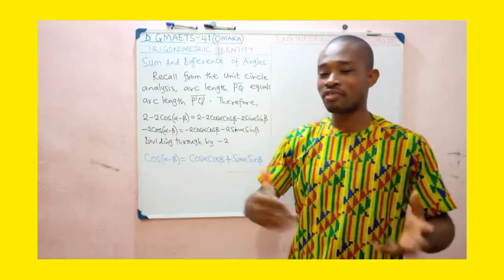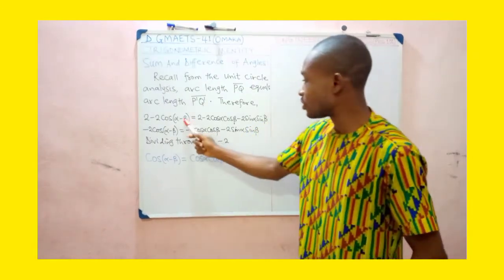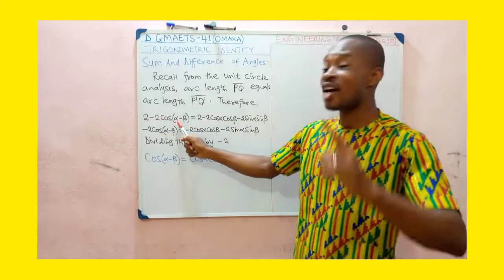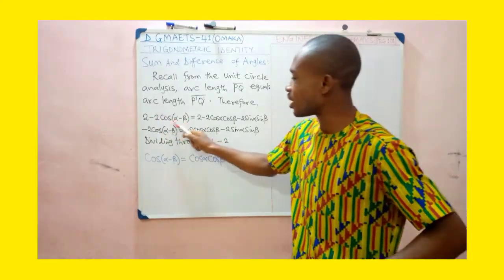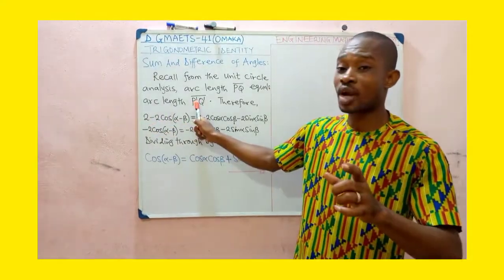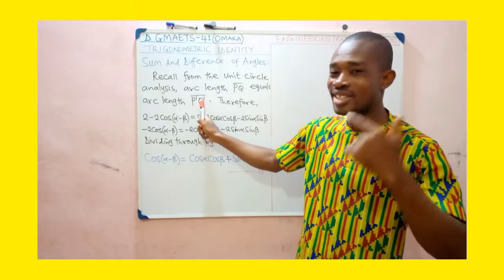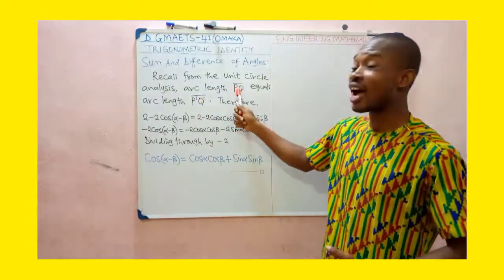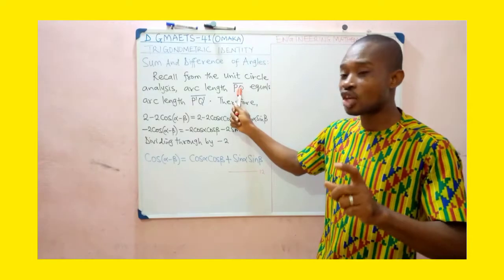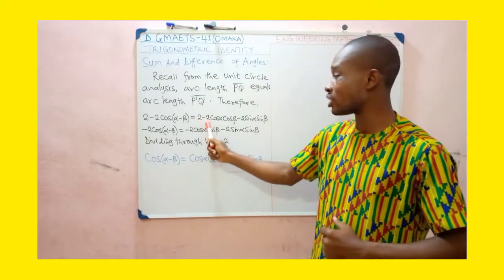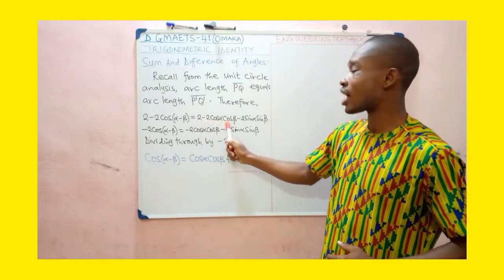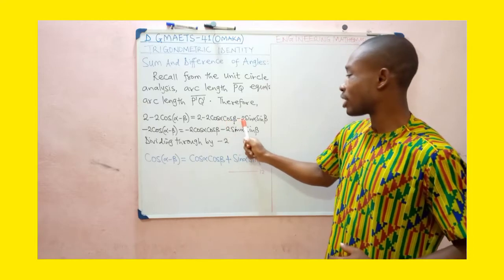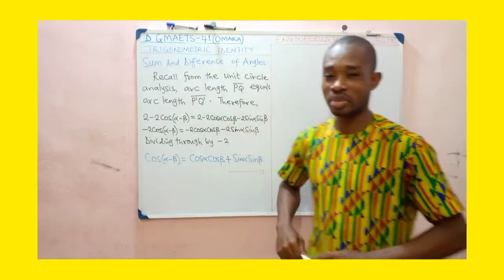Therefore, if we equate the value of the arc length we got, this one, 2 minus 2 cos alpha minus beta, is the value of arc length P prime Q prime. It's equal to the value of arc length PQ, which we got to be 2 minus 2 cos alpha cos beta minus 2 sine alpha sine beta.